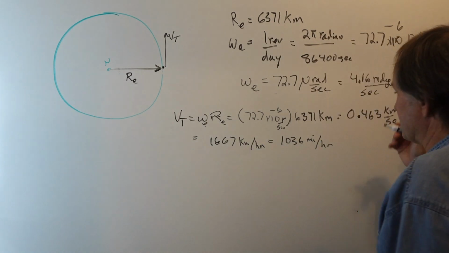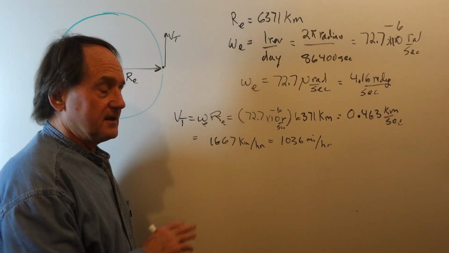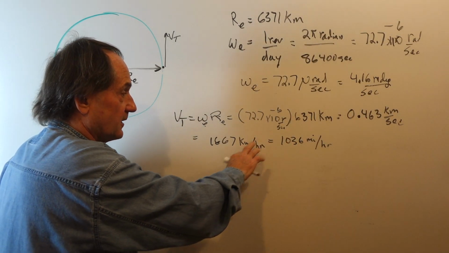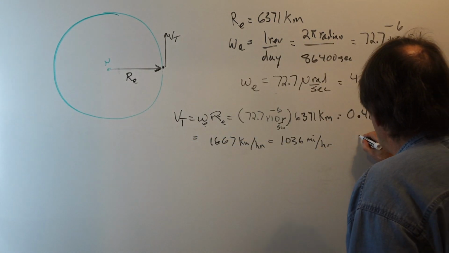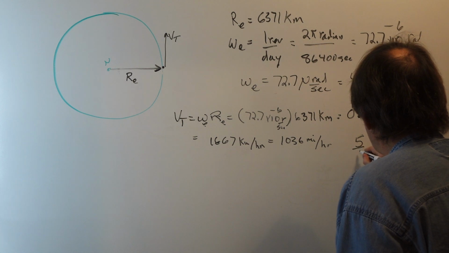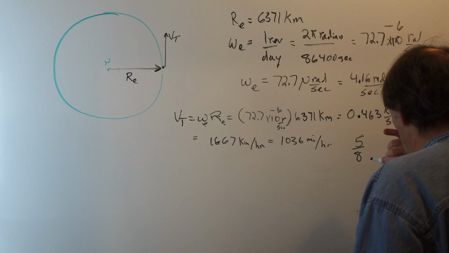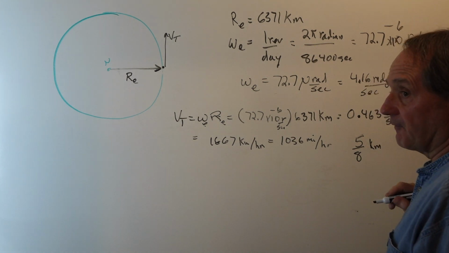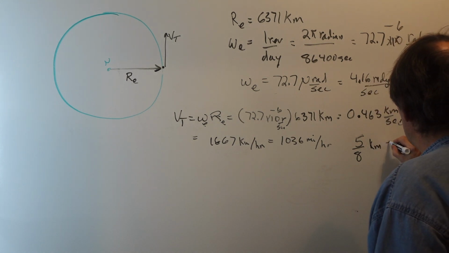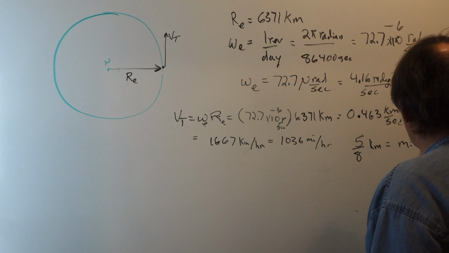An easy way to convert between kilometers and miles, or miles to kilometers, is to remember 5/8. You take how many kilometers you have, multiply by 5/8, and that gives you miles.